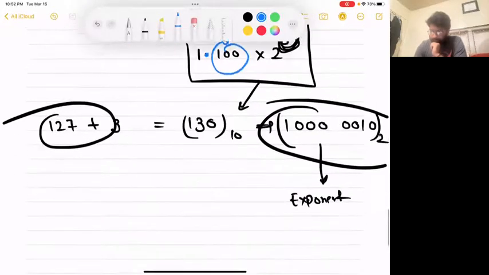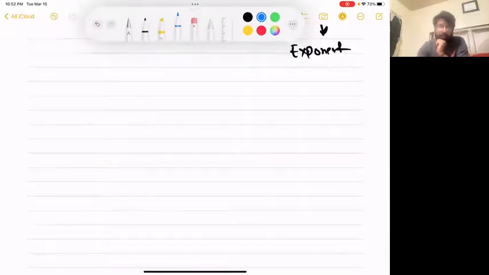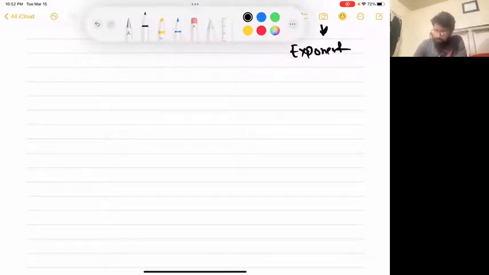Let's do another problem so that can help us understand this concept. Okay, so the next one is pretty different from the one we just dealt with. This is our next problem.